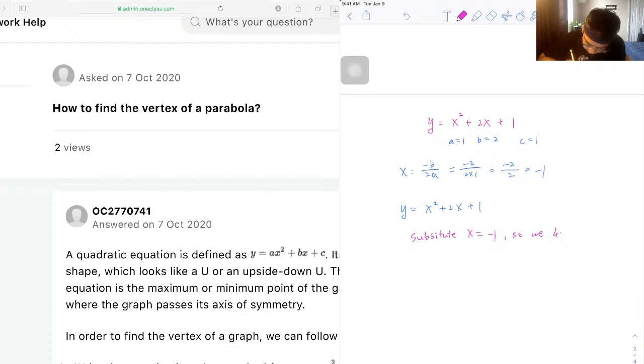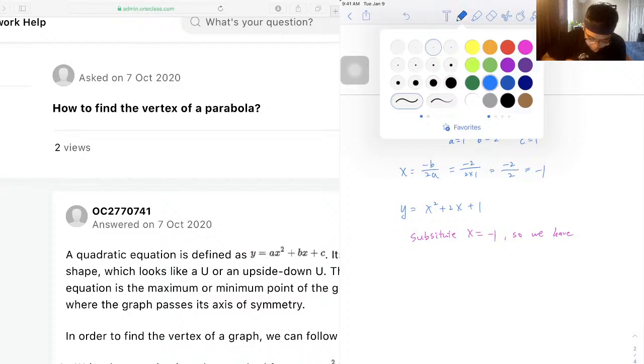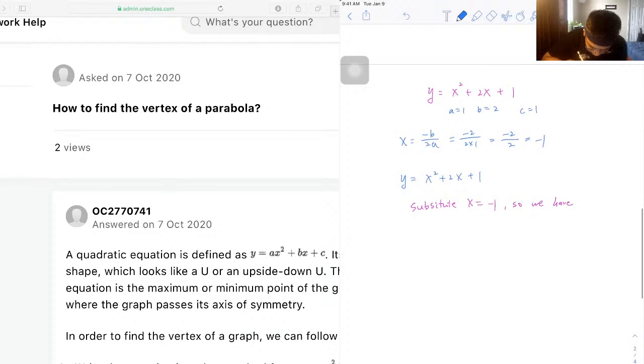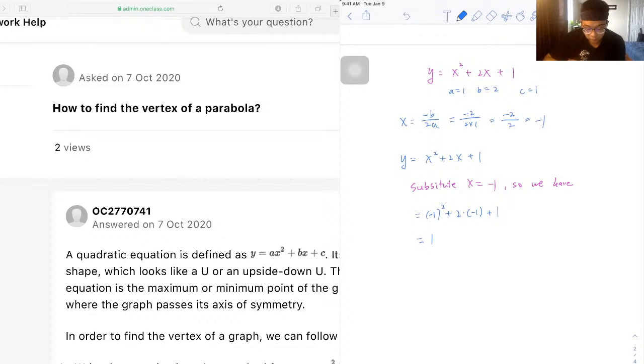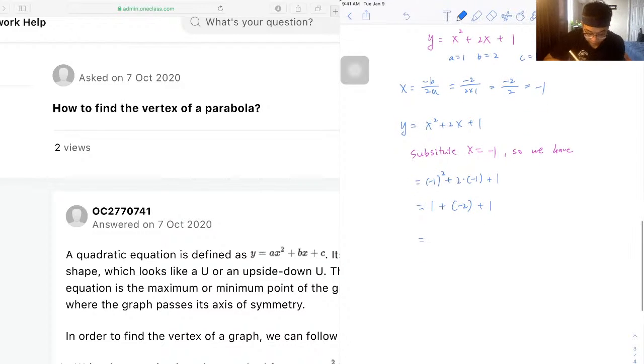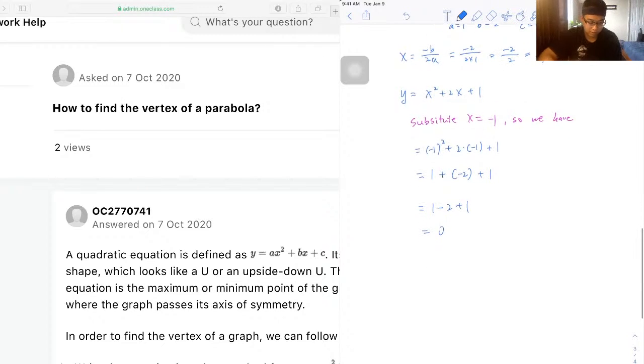So instead of writing x squared, we write negative 1 squared plus 2 times negative 1 plus 1. Negative 1 squared is just going to be 1, because negative 1 times negative 1 is equal to 1. Plus negative 1 times 2, which is negative 2, and plus 1 at the end. So we have 1 minus 2 plus 1, which gives us 0 as our answer.